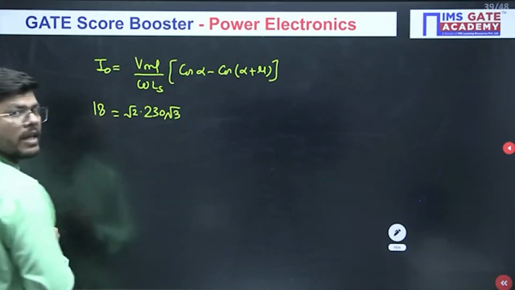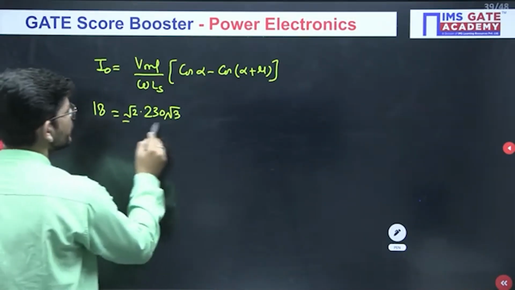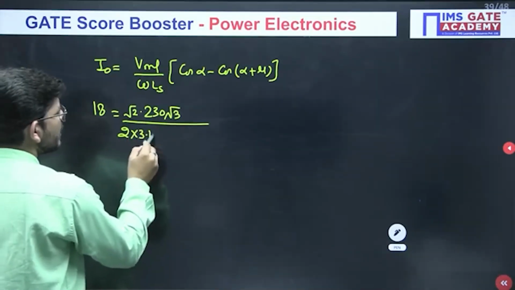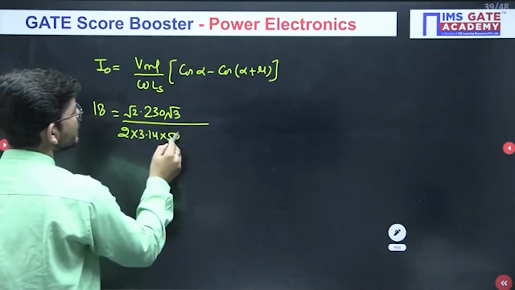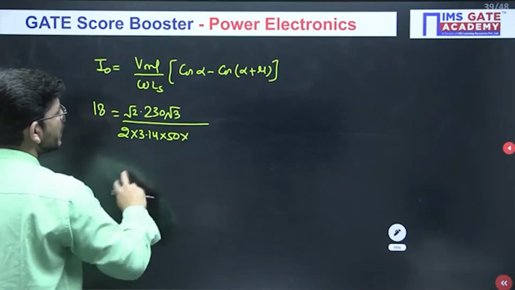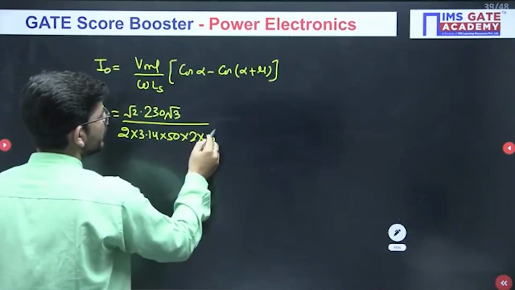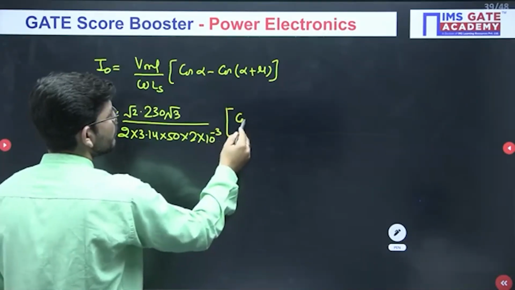So you will get the maximum value of line voltage divided by omega LS. So omega will be 2 pi F into LS, the inductance. How much is it given? 2 millihenry. So 2 into 10 to the power minus 3, cos of alpha.